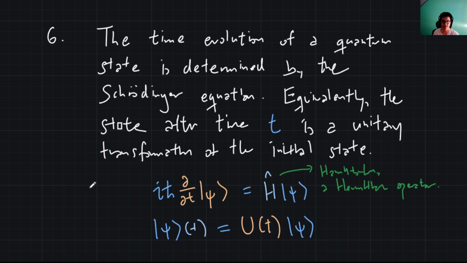So this is the sixth and final postulate. We'll explore the Schrodinger's equation after Quantum Odyssey, because in Quantum Odyssey we will not explore much about this phenomenon.